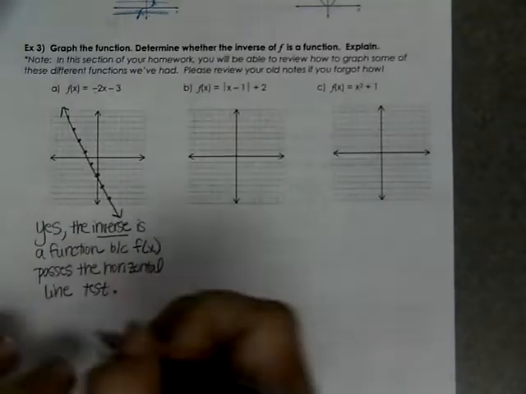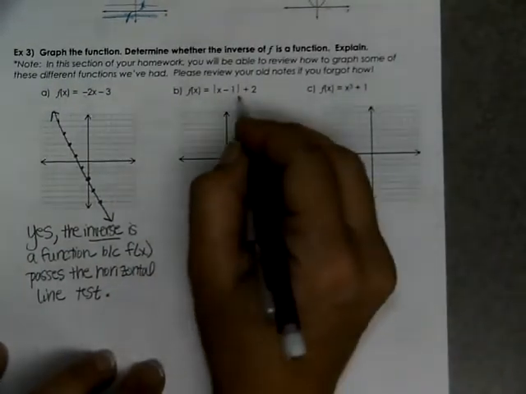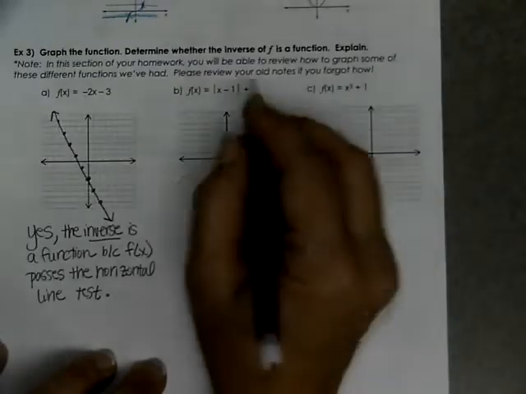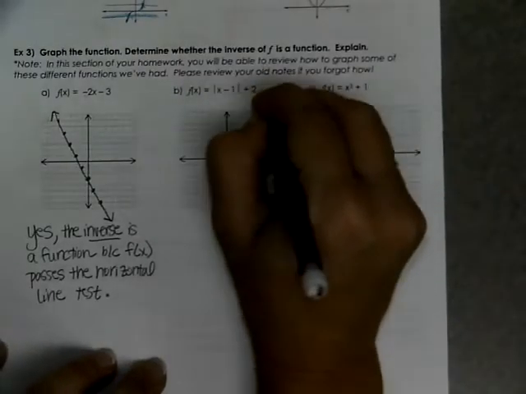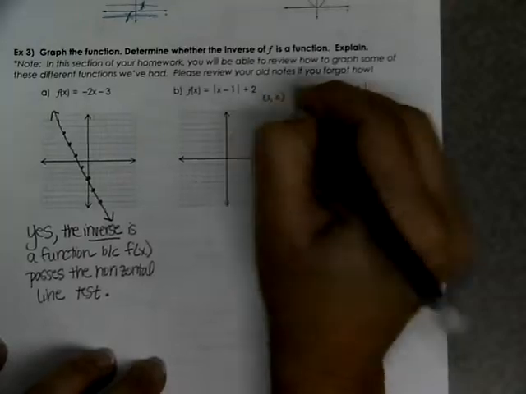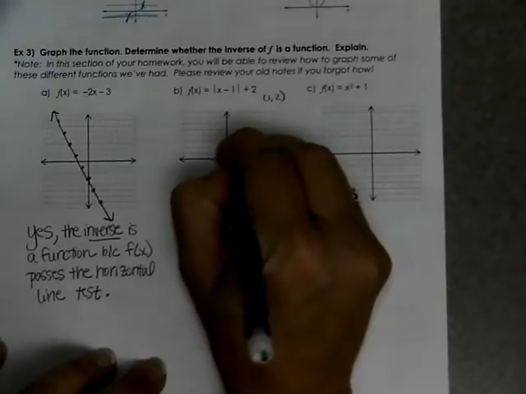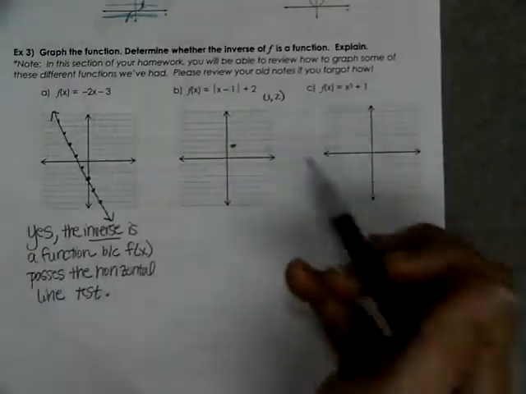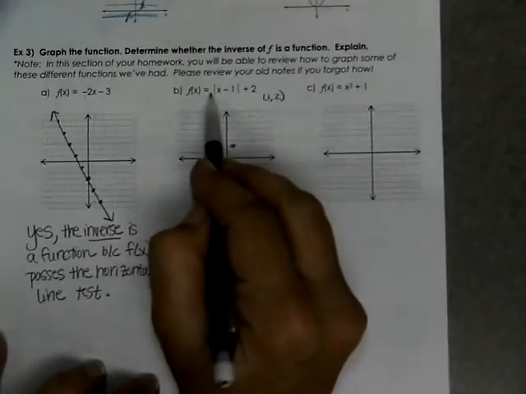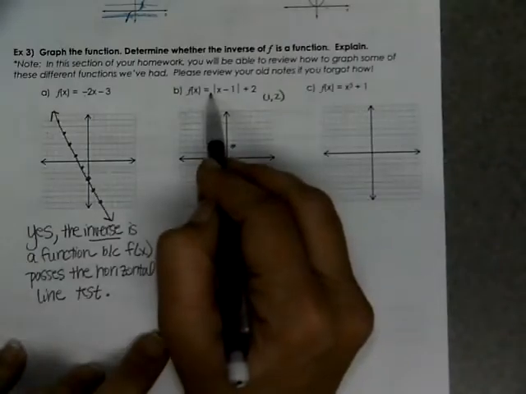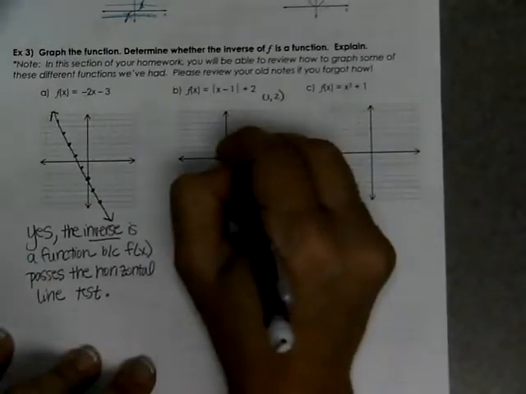Okay, so this is an absolute value function. Well, remember, these are V-shaped, and oftentimes we try to find the vertex. Our vertex is going to be 1, 2. So we'll make a point at 1, 2. And then to decide how it opens, we look at our A value. Our A value is 1, so that means that it will open up with a slope of positive and negative 1.